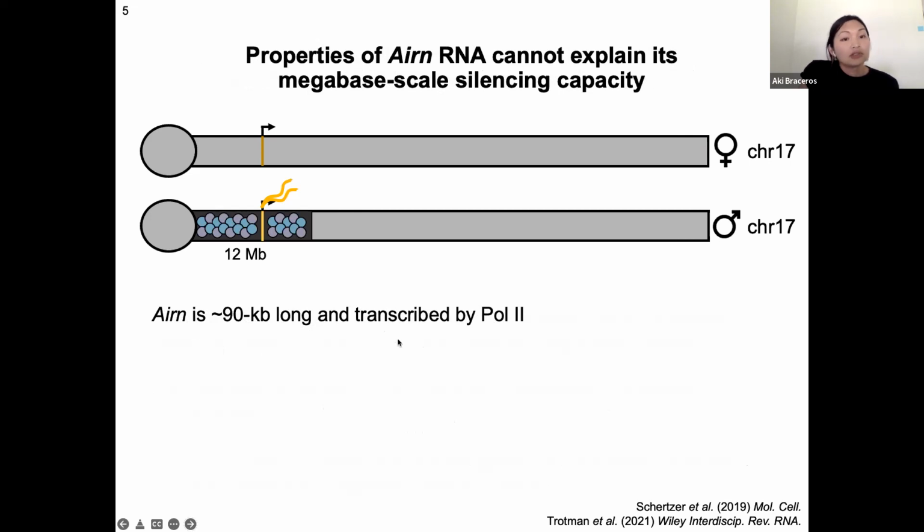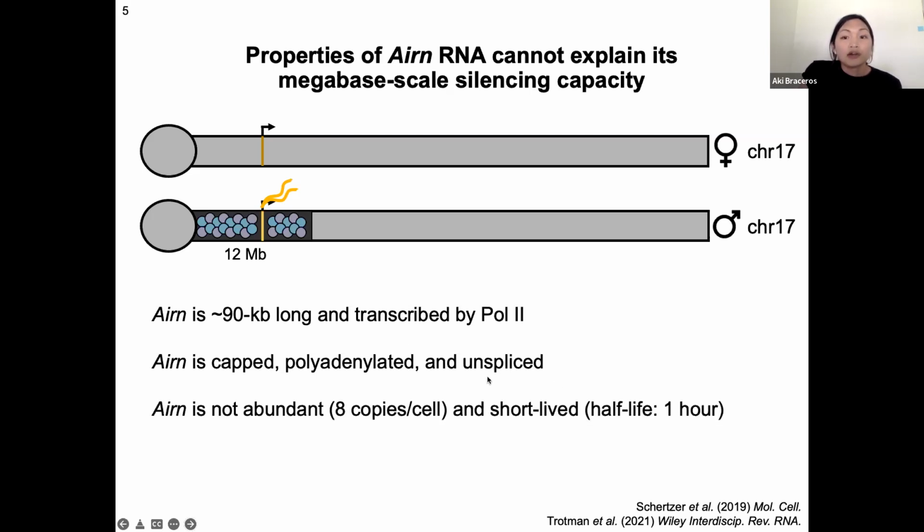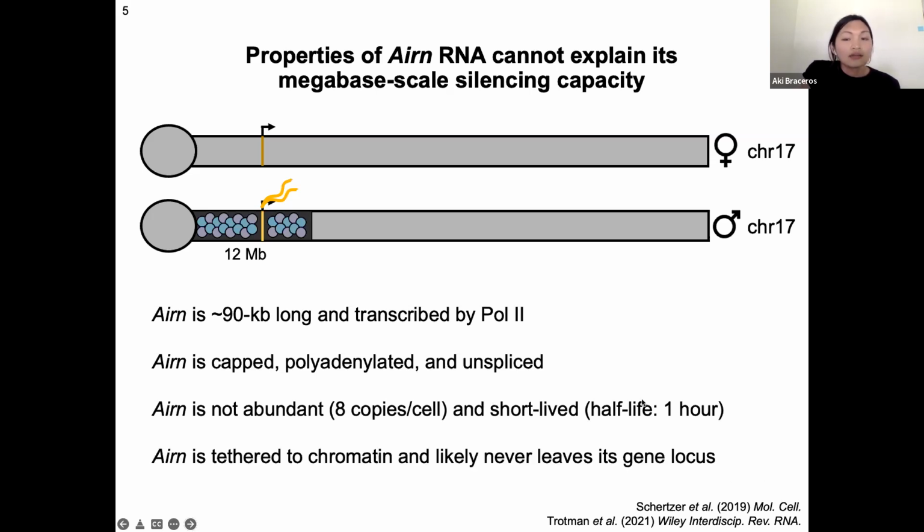Like most Pol II transcripts, Airn is capped and polyadenylated, but it does remain predominantly unspliced. Furthermore, Airn RNA is not super abundant in the cell, and when it is, it tends to be pretty short-lived. Altogether, these properties cause Airn to be tethered to chromatin and likely never leave the site of its gene locus.